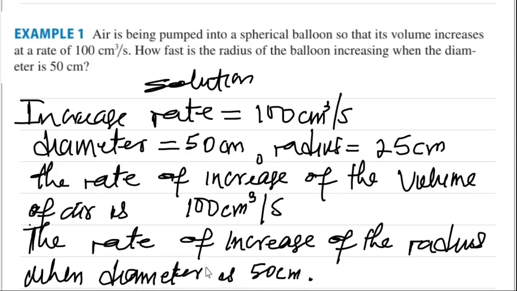So the rate of increase of radius when diameter is 50 centimeter. So let's represent all this in a mathematical form.